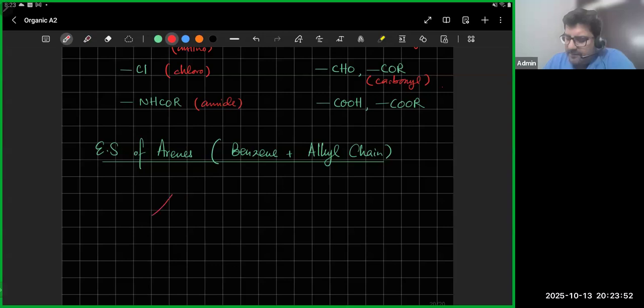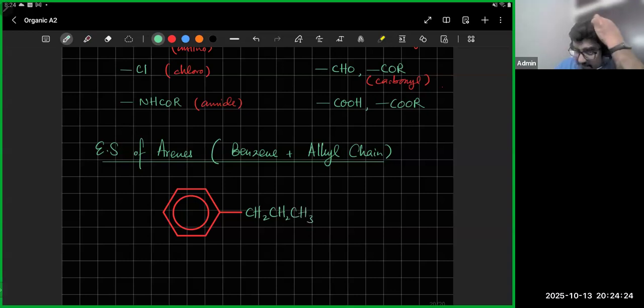So when you have a benzene and it's got a carbon chain attached to it, and the carbon chain is, for example, CH2, CH2, CH3.